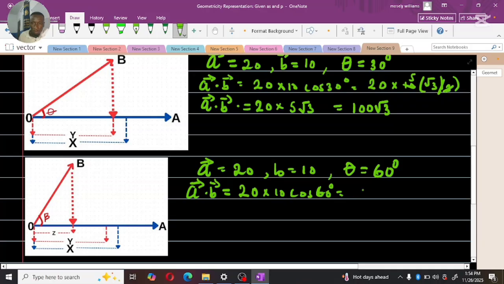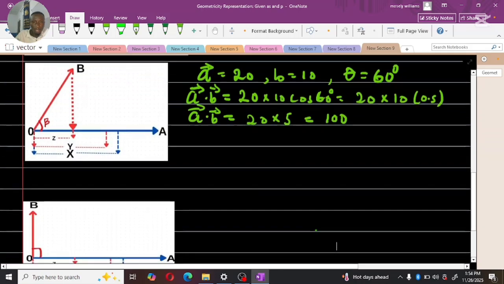Cos 60 is 0.5, which is 1 over 2. So A dot B will be equal to 20 times 10 times 0.5, that is 5 times 20, which gives us 100.